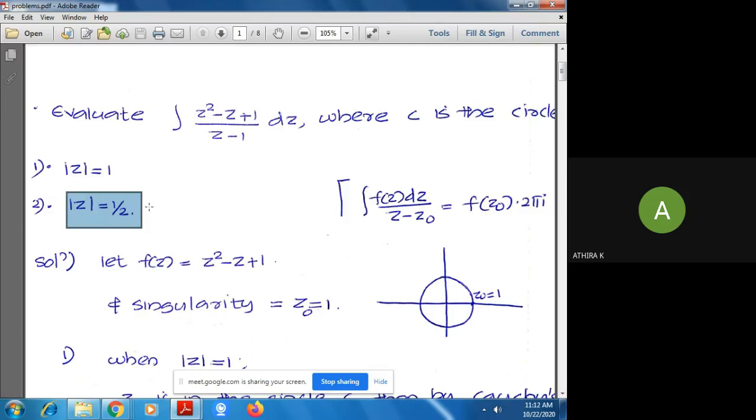So we can conclude that integral value of z square minus z plus 1 divided by z minus 1 dz under Cauchy's theorem, what is the value of integral? Please comment your answer.